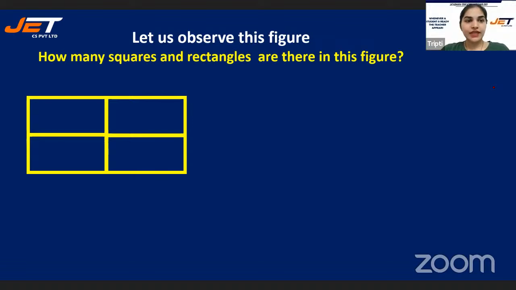How many squares and rectangles are there? Squares you have to count separately and rectangles separately.